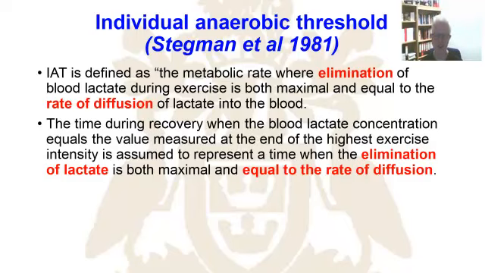Now, think about what you're seeing. You've got now two opposing responses. You've got a response which is the blood lactate during exercise, where lactate will do that. And now you've got the blood lactate response in recovery, where the lactate will do that. Appearance, disappearance, rate of diffusion of lactate into the blood, elimination, where we're getting disappearance in recovery.